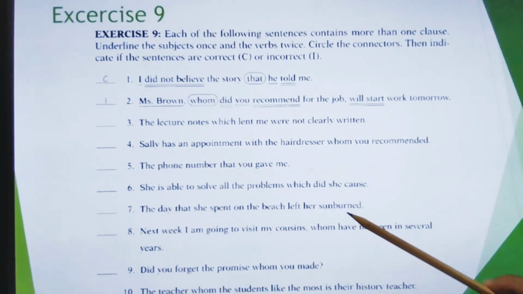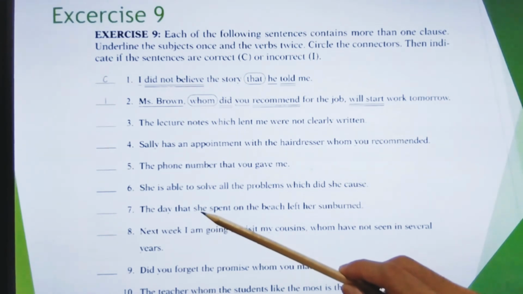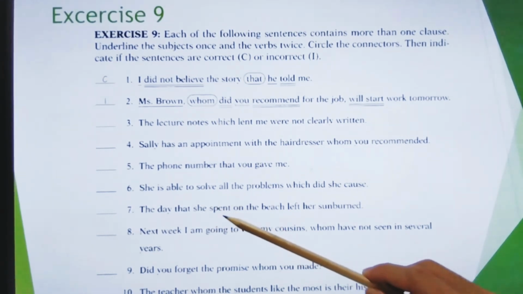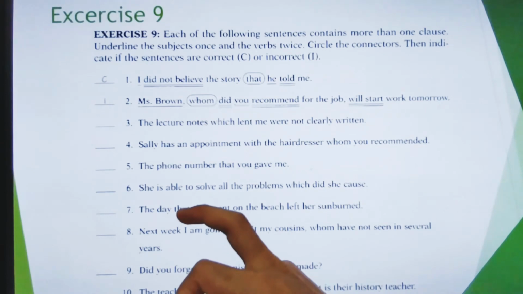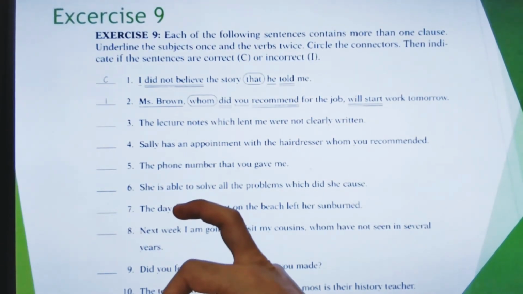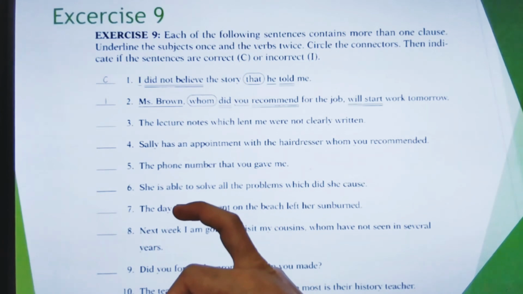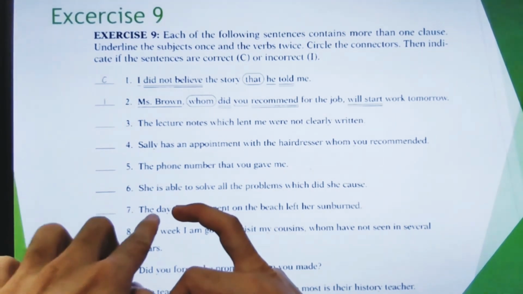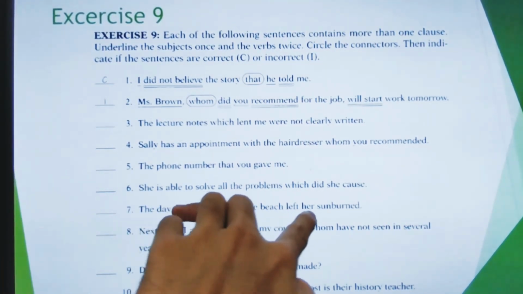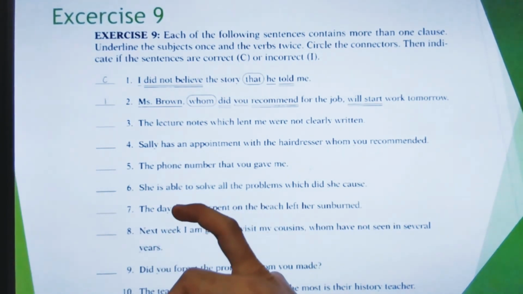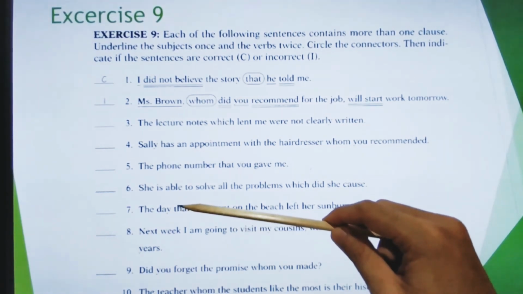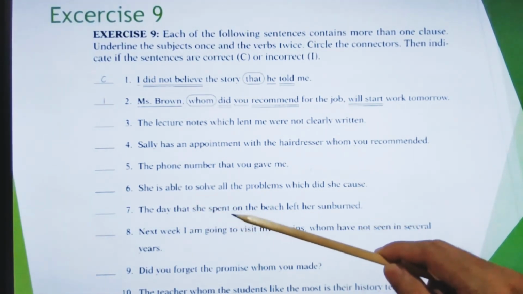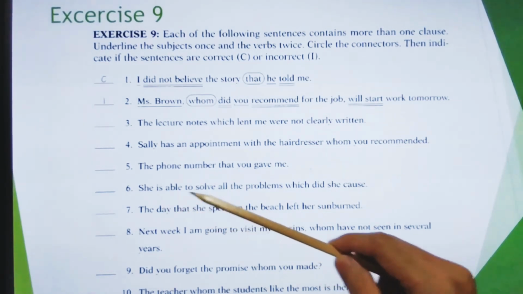So we could identify that these connectors are followed with the dependent subject and also the dependent verb. Okay, so the sentence is correct, right? Because if we just omit this, we get the main clause: the day on the beach left her sunburned. We just omit this because the day relates to this one, relates to the day.